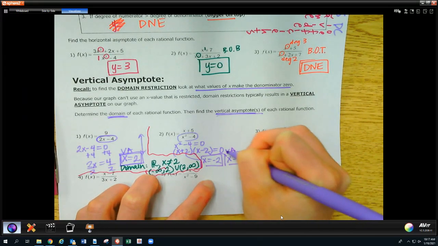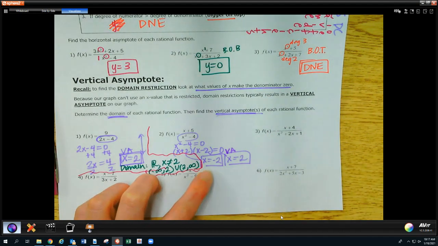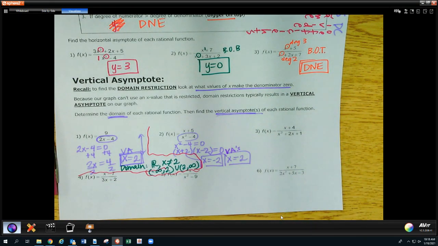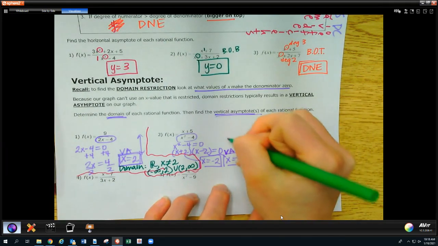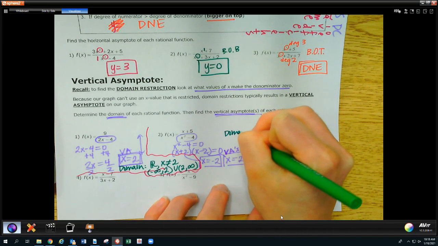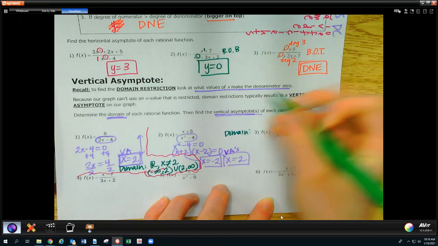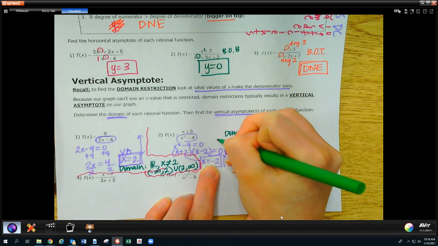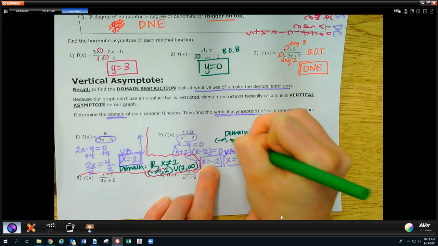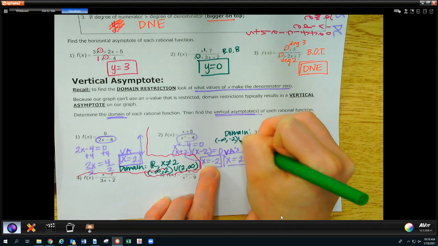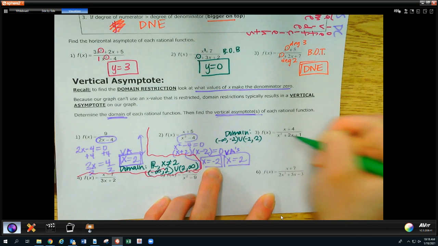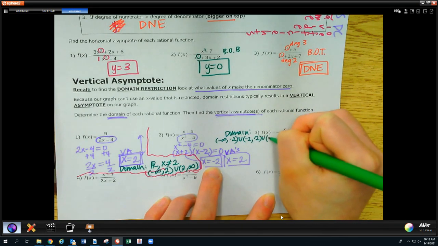Anytime you have a quadratic on bottom, you're going to have two. Okay, so vertical asymptotes. And so that means our domain restrictions, we've got two of them. And so for our domain, we have to skip over both of those. And so if we're using interval notation, we have to go from -∞ to -2, union, -2 to +2, union, 2 to infinity.